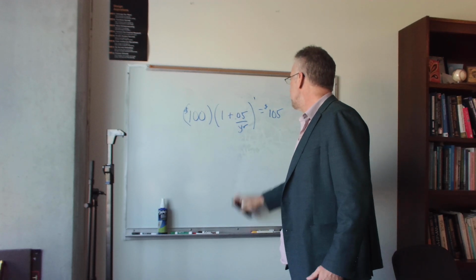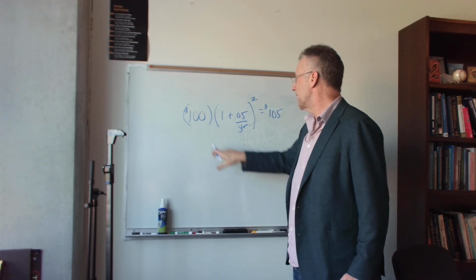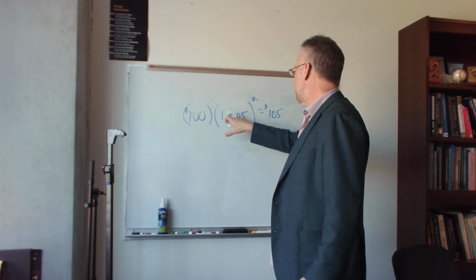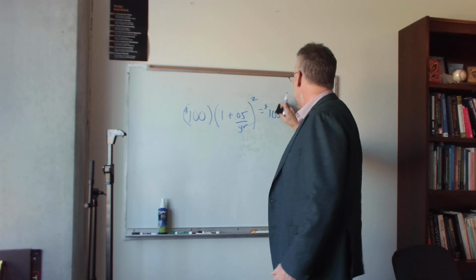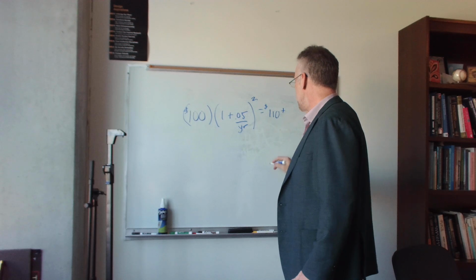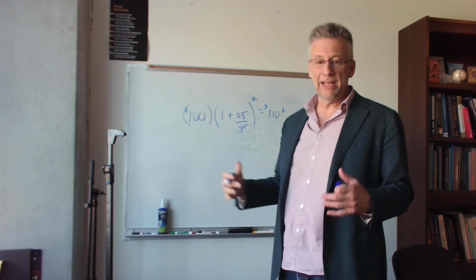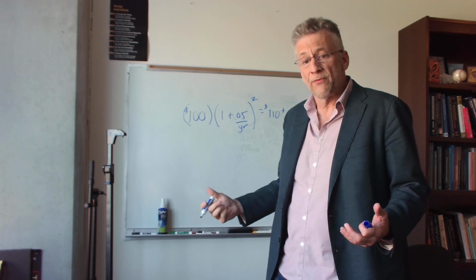You want 2 years? Change N to 2 compounding periods. Now we have 100 times 1.05 squared. And you know that's going to be a little bit more than 110, because you pay interest in the second year on the balance that accrued in the first year.